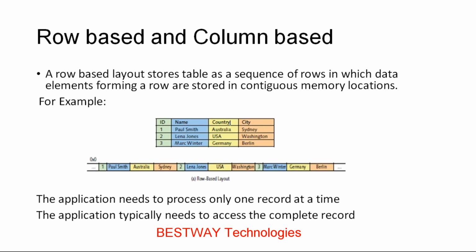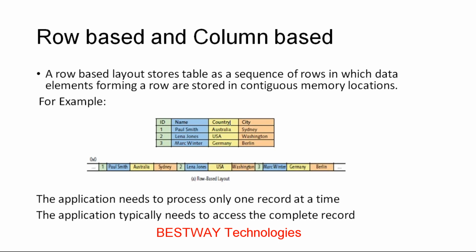As functional consultants, we were not bothered whether data is saved row based or columnar based when we were using ECC. With HANA, the data will be saved in columnar form. For our understanding, we will use this slide to see how row-based and columnar-based data alignment happens. Say you have data with ID, name, country and city.